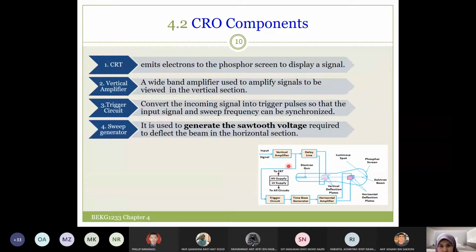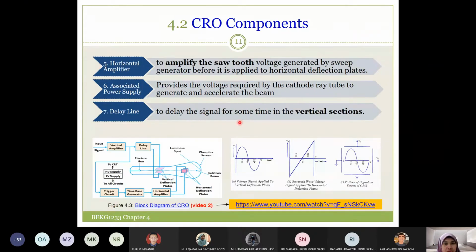If we look at the connections, the vertical amplifier connects to the vertical plates, while this component is for the horizontal plates, so they are connected to the horizontal plates. The horizontal amplifier is here to amplify the sawtooth voltage generated by the sweep generator before it is applied to the horizontal deflection plates.